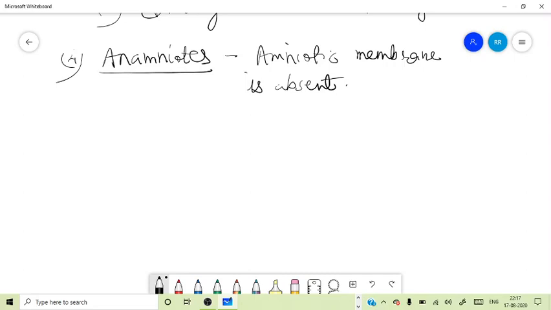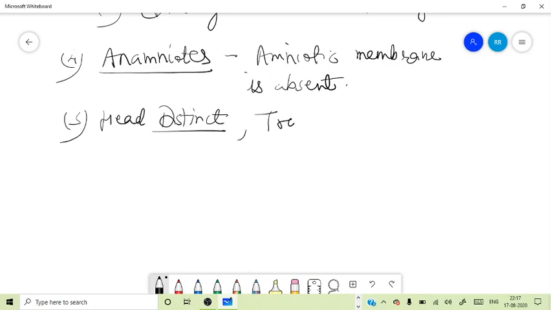Next, the fifth character of the amphibia is that the head is distinct, that is, a clear-cut head is present in the body.